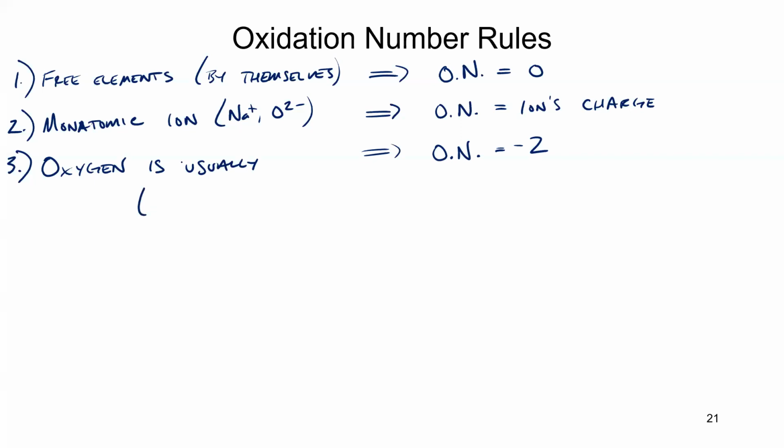The only time that we'll see it not be -2 is in hydrogen peroxide, H2O2. The oxidation number is -1. That's a pretty common exception. I'm sure it'll show up in Alex, and maybe even on a quiz this week on Thursday. And so oxygen is usually -2, only in hydrogen peroxide for us is it -1.